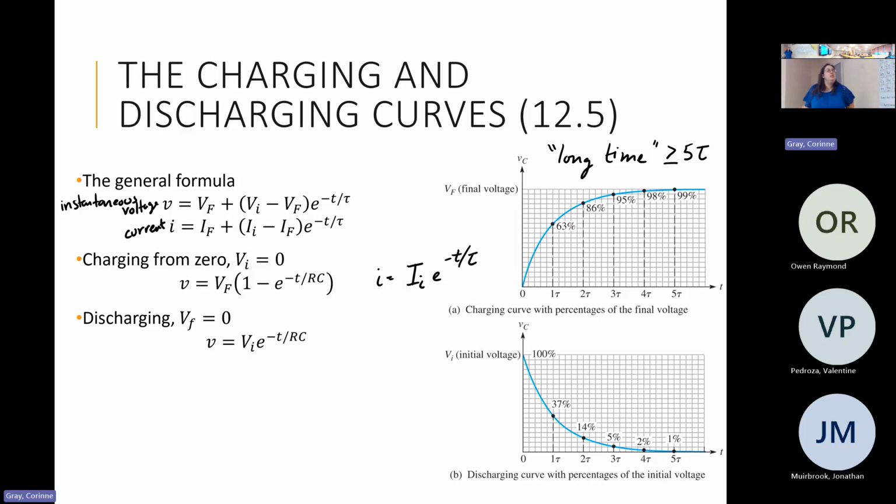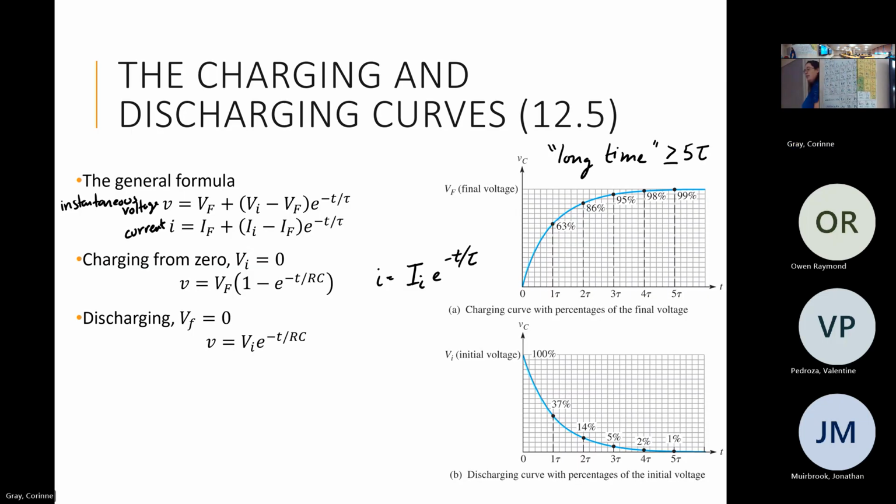What do we notice is a little bit different between the two equations, let's just talk about it in terms of voltage? What's different about the two equations? It depends. We're going for that maximum voltage value for both of them. In the case of charging, VF is our maximum. In the case of discharging, our maximum occurs at the beginning.